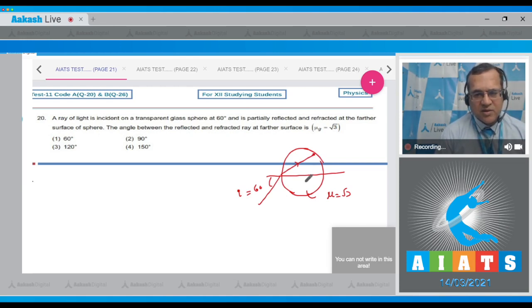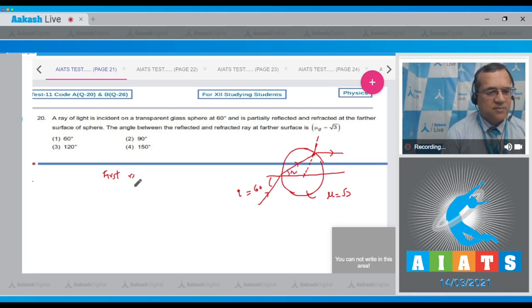Now the center is at this point, and the ray will emerge out like this, and he says that a part will come back into the same medium. So let's see what this angle is. If you take Snell's law at the first refraction, then sine of 60 degrees divided by sine of r is equal to √3 by 1.